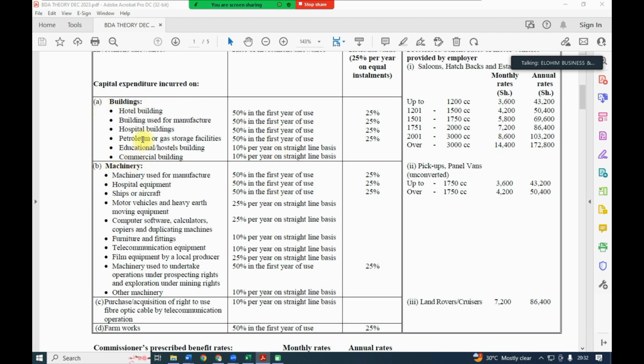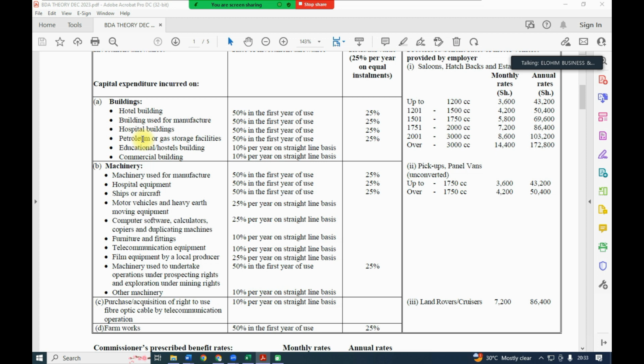But just know the former ID, the one that you're calculating formally, they remain, but now the rate remains at 50%, not 100% for the first year. Here is 50% for the first, then second and subsequent, you lower the rate to 25%. That is for the hotel building used for manufacture, hospital, petroleum, education and commercial, they are at 10%.